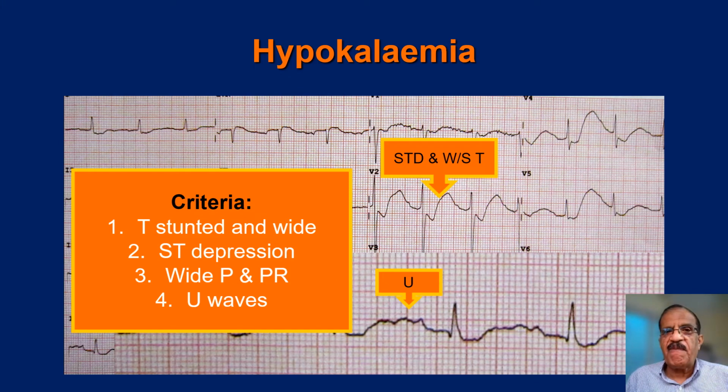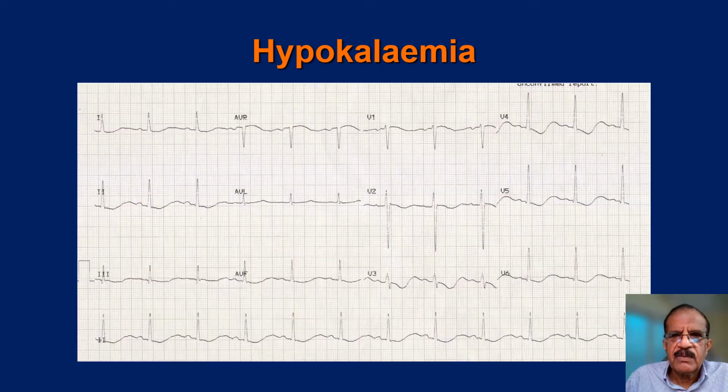So these changes, if present, suggest the possibility of hypokalemia. This is another hypokalemia. You can see the same: there is ST depression, and broad, stunted T waves, and these I think are very typical of hypokalemia.